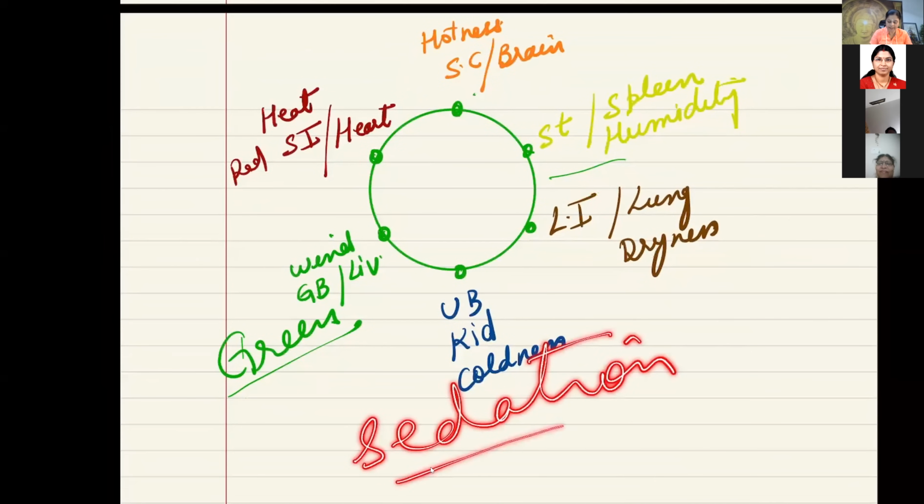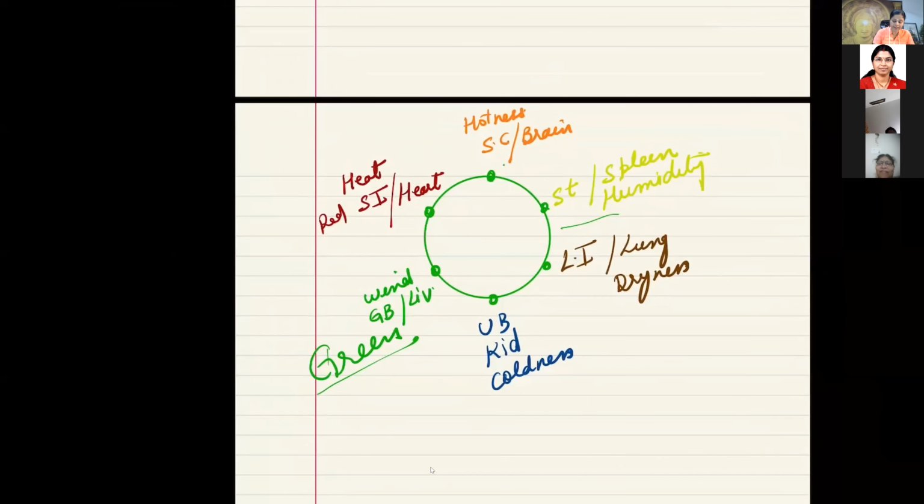Now, what is the color for sedation? Here we will focus. So now you see the 6 energies, 1, 2, 3, 4, 5, 6. If you remember these colors, then in future I will give you many more tips, not only in nail therapy but also when we discuss energies and many other things.